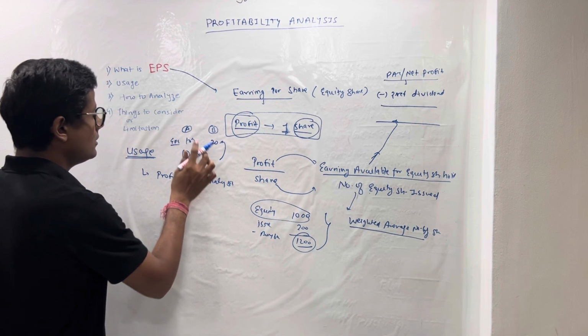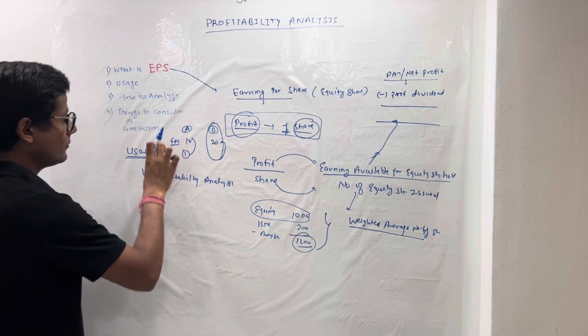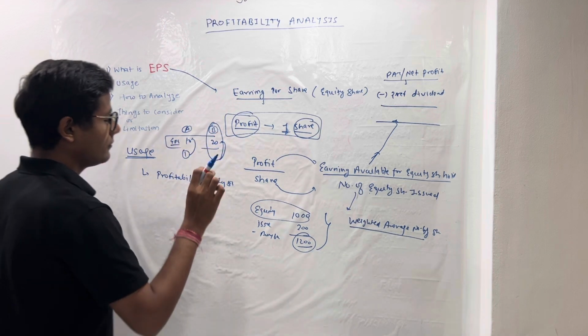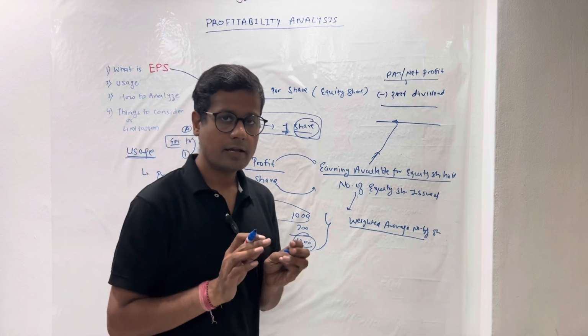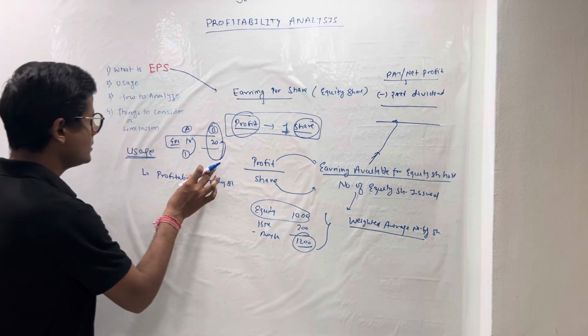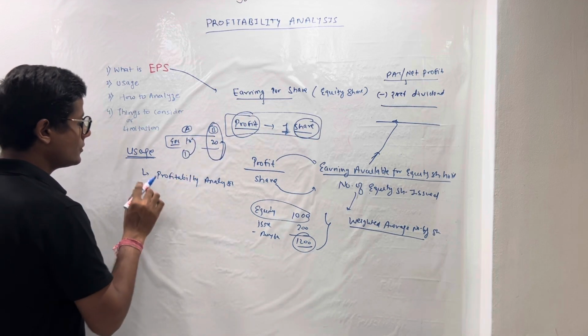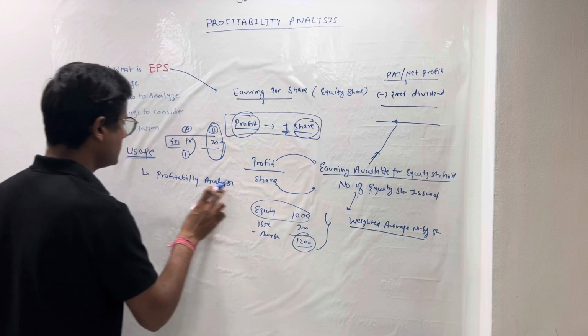So it looks like this company is maybe performing better, at least from this figure we can quickly understand. Again, I'm saying we cannot draw the complete conclusion, but in a superficial way we can say per share this is earning more, this is earning less. So for profitability analysis purposes, this is useful.